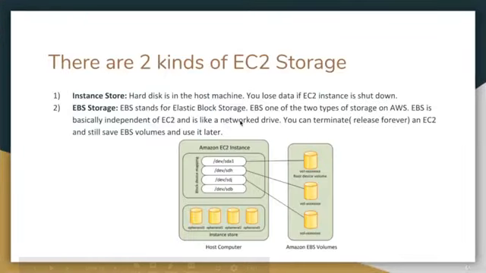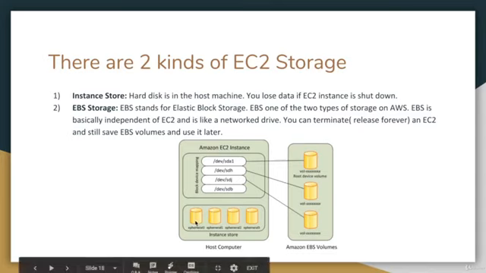Fact number 5. There are 2 kinds of EC2 storage: instance store and EBS storage. Your EC2 instances are virtual machines living in a physical box, right? So instance store volumes are storage that are attached in the physical machine where your EC2 instance lives.